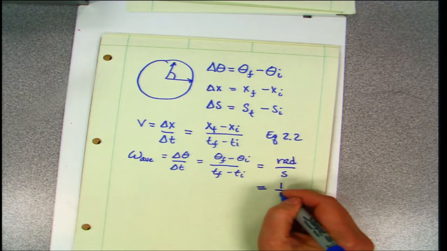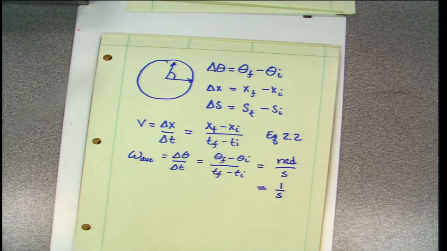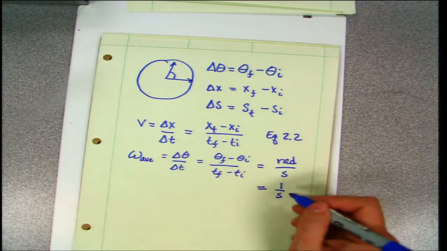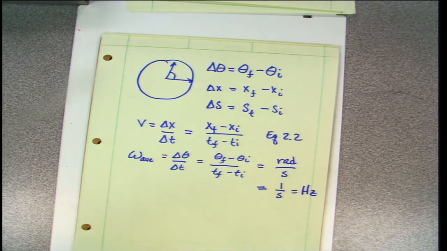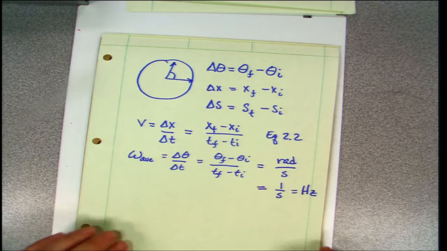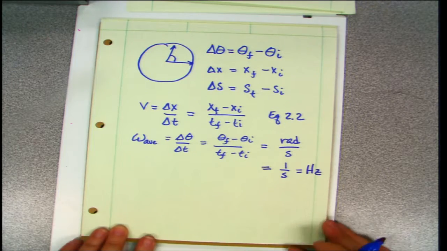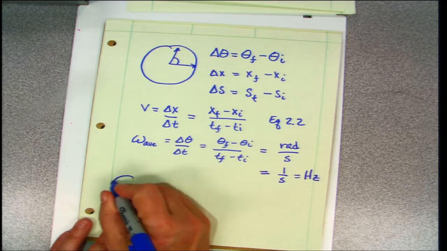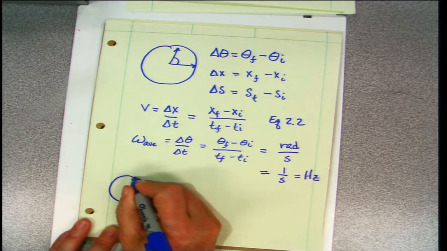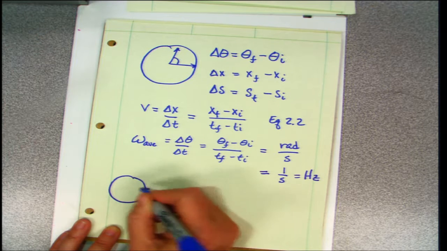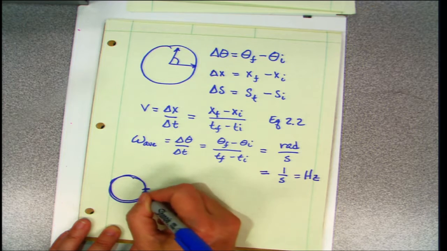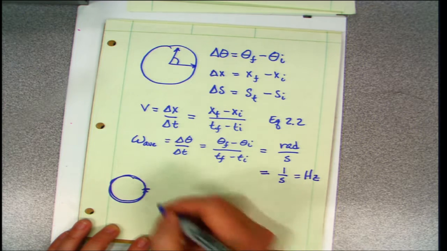And think about this. Let's look at it in terms of what happens. If I'm traveling around in a circle, so I start here and I go all the way around in a circle, that is a cycle, right? A cycle on a circle is one complete revolution. So one complete revolution is a cycle.